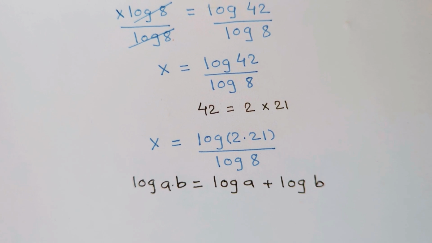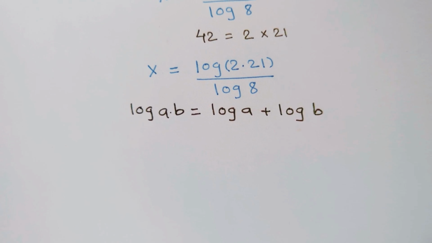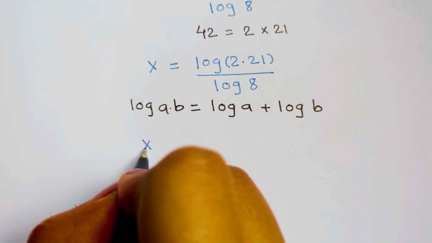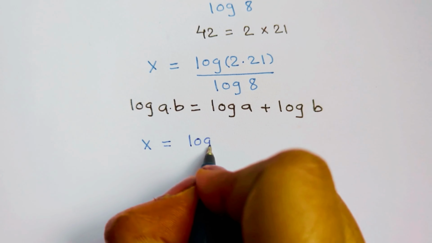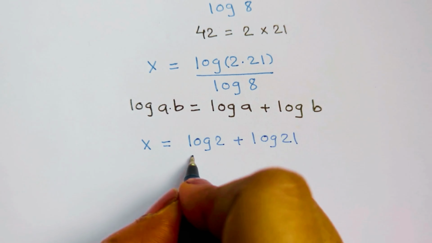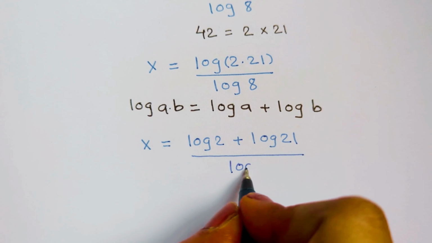Let's utilize this formula on our right hand side. So the equation would be x is equal to (log 2 plus log 21) divided by log 8.